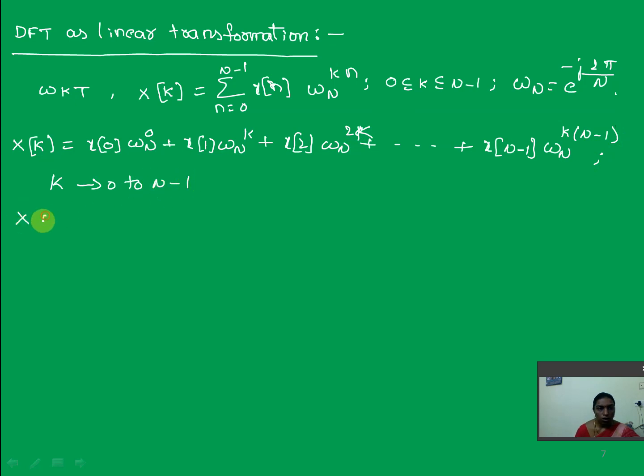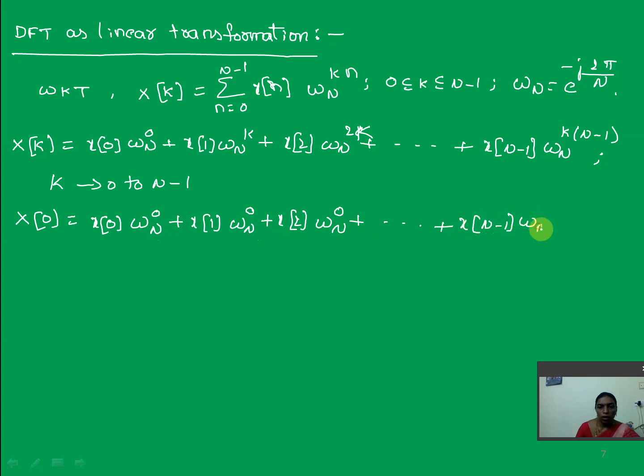Now apply different values for k: 0, 1, 2 and so on. Then X of 0 is x of 0 W_N power 0, x of 1 W_N power 0, x of 2 W_N power 0 and so on, x of N minus 1 W_N power 0.